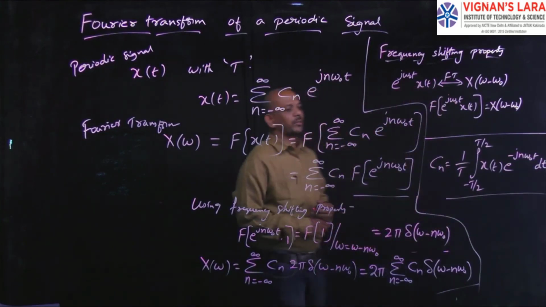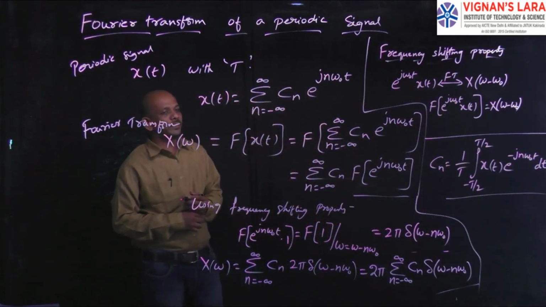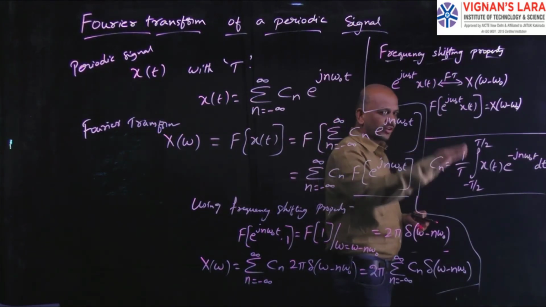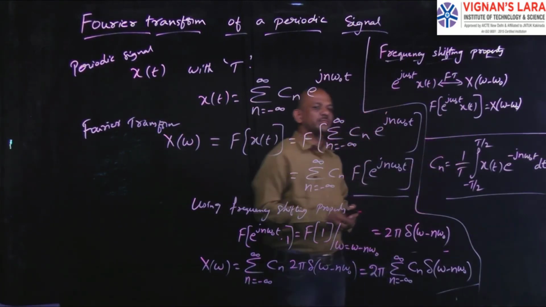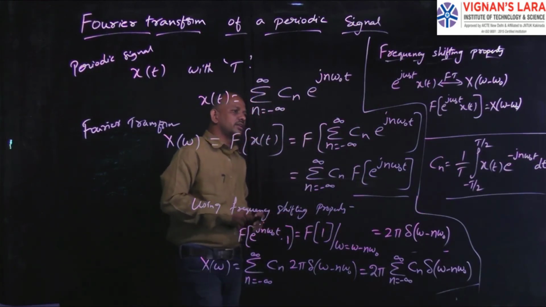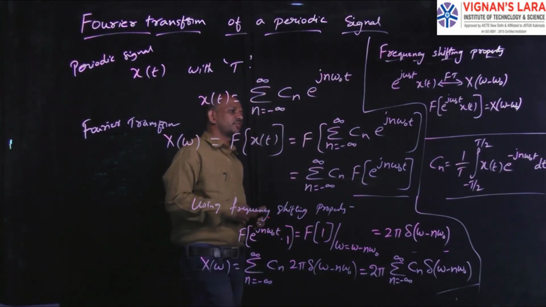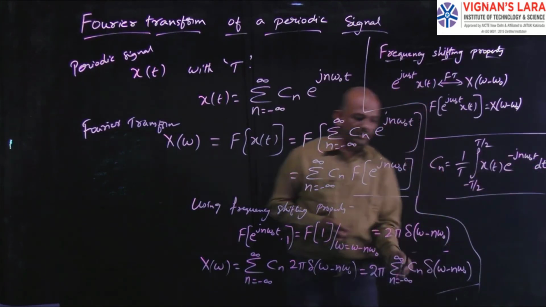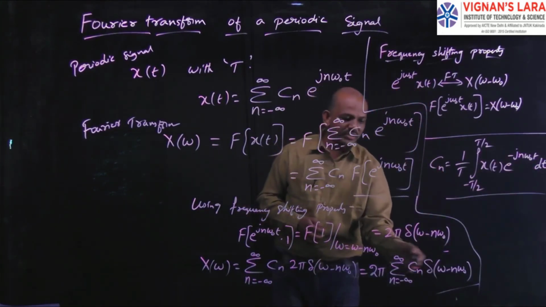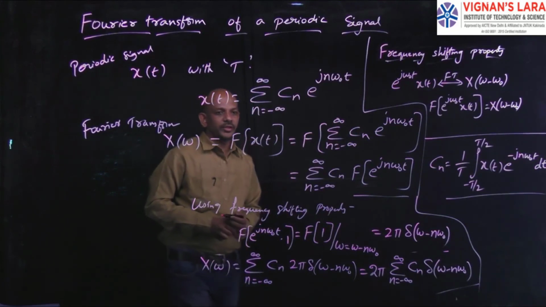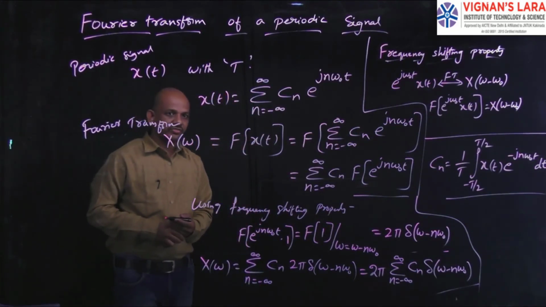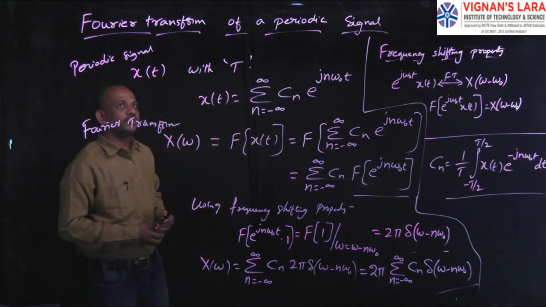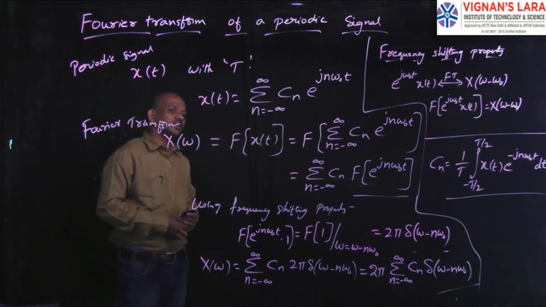Cn equal to 1 by T integral minus T by 2 to plus T by 2, or you can write 0 to T or t0 to t0 plus T, whatever it may be. Here I have taken minus T by 2 to plus T by 2. By this I can find out the value of Cn, and from that I can find out the value of x of omega, the Fourier transform of the periodic signal x of t. In this way I can find out the Fourier transform of a periodic signal.